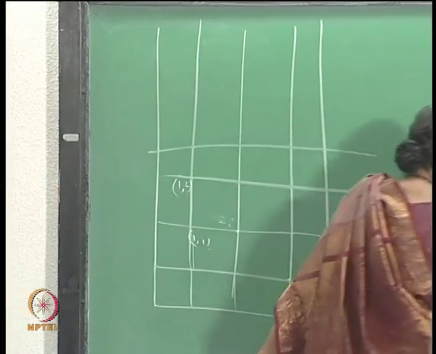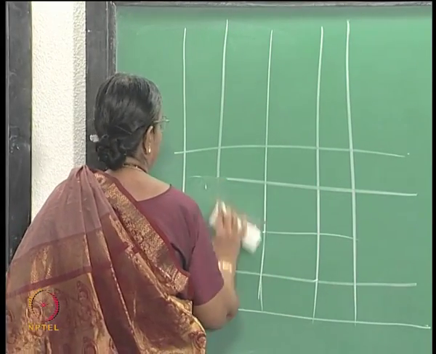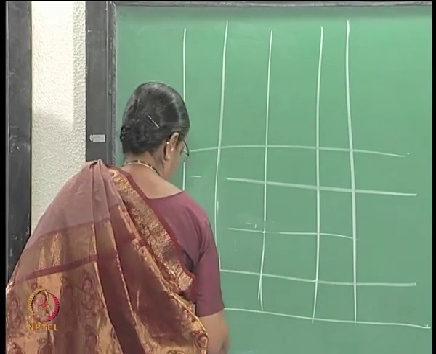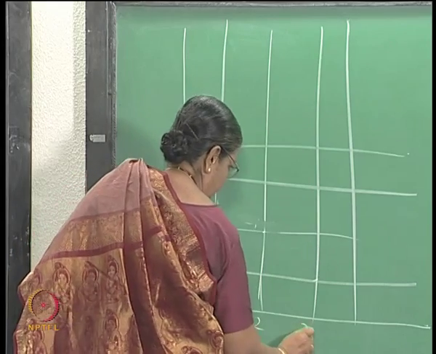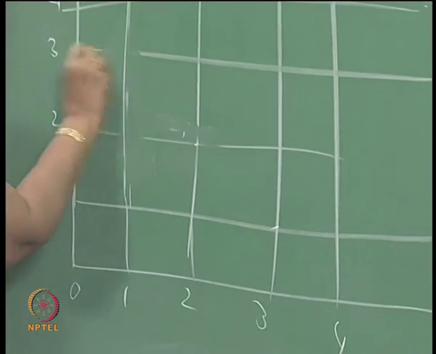Let me draw the grid again. So, this is 0 1 2 3 4, 1 2 3 4 and so on.